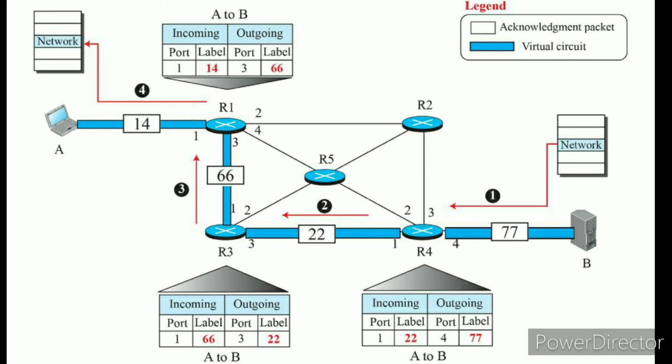So now this reaches the destination, called B. B wants to accept the packet from the sender A. It will assign a virtual circuit label for the outgoing label, and it assigns a label called 77 here.